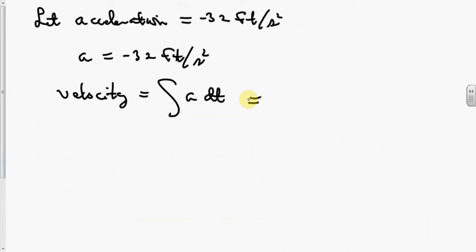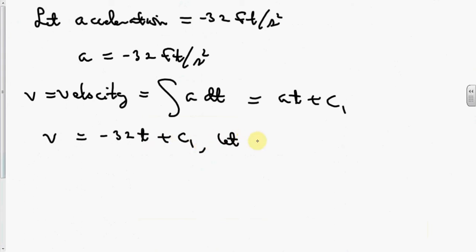We have a constant, by all means, yes. So this becomes AT plus C sub 1. So here we have velocity is equal to negative 32t plus C sub 1.